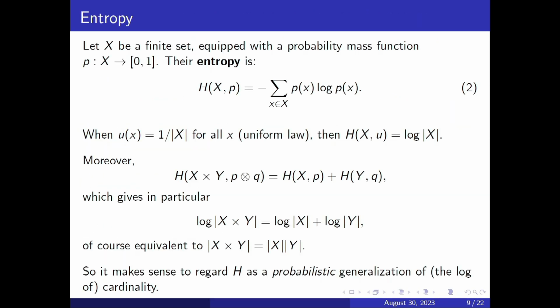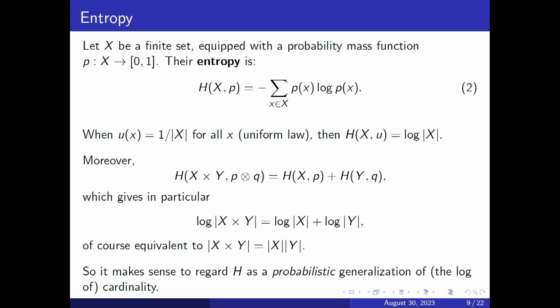But now, the entropy. The entropy, in fact, can be seen as a probabilistic generalization of cardinality. And this is clear from Boltzmann's definition. Boltzmann defined the entropy as the logarithm of the number of microstates. Or if you want, this is the formula for the entropy, and if you evaluate it in the uniform law, then you find the logarithm of the number of states.